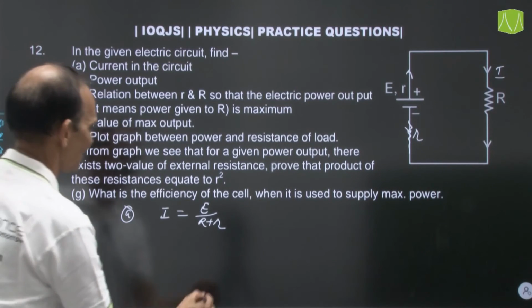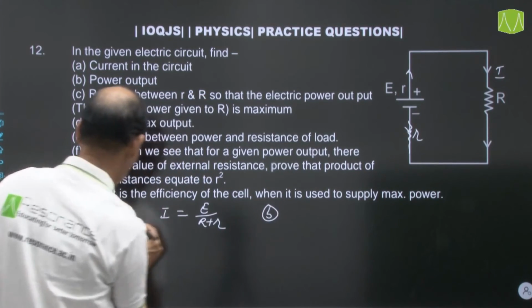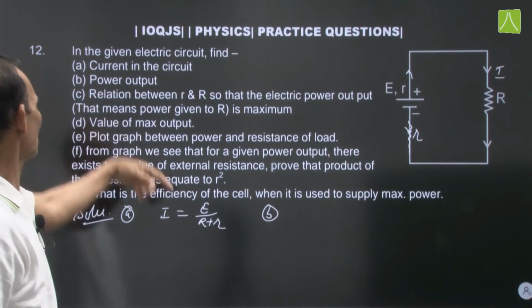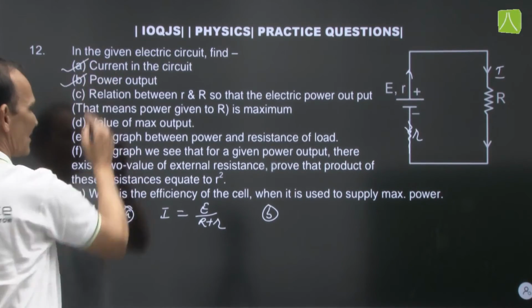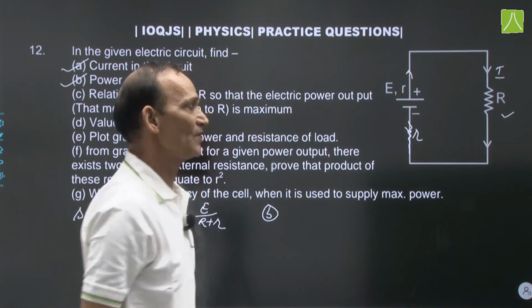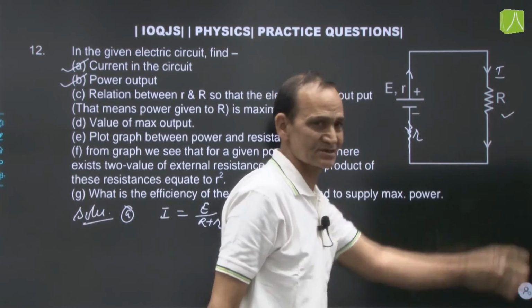Power output, B part. You have to find the power output. This part is clear. Second part. Power output means power across R. We know current is given, resistance is given.